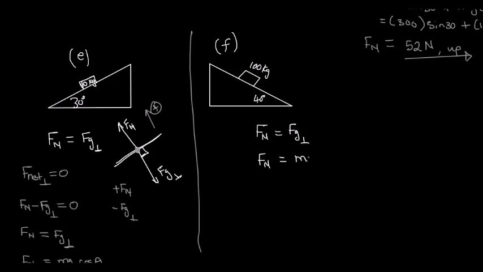So this is mg cos of the angle theta, and this is mass 100, 9.8 for gravity, and cos of the angle, in this case 40 degrees.